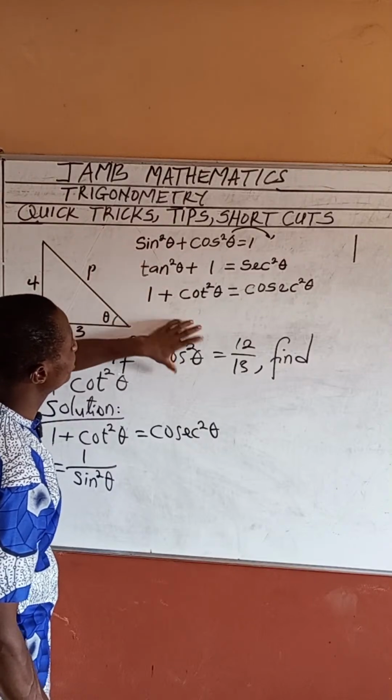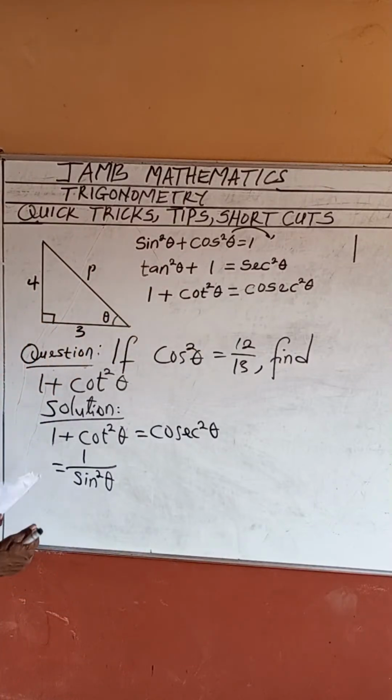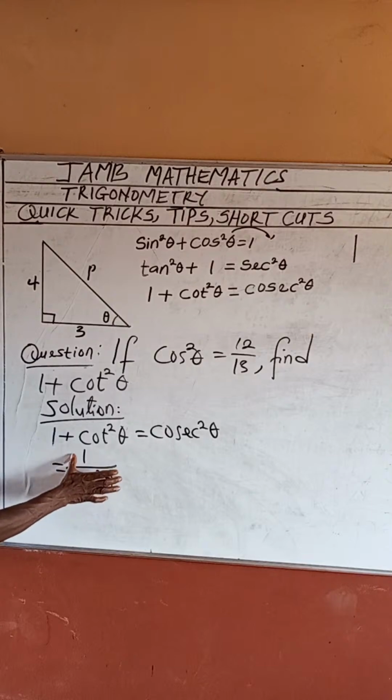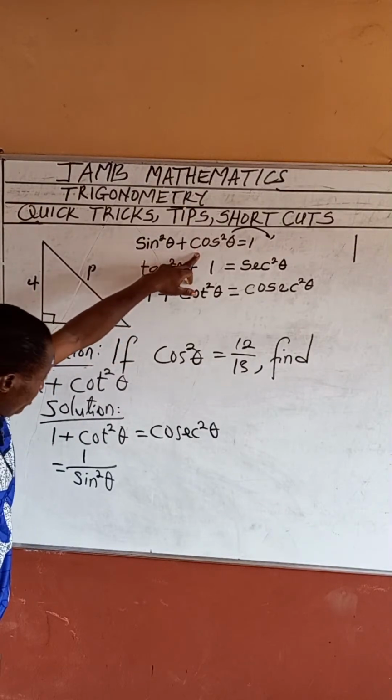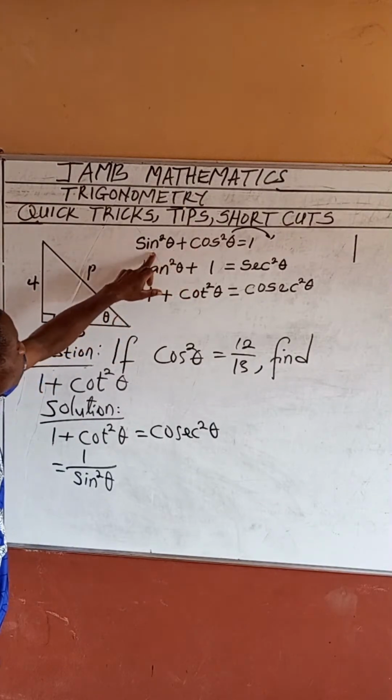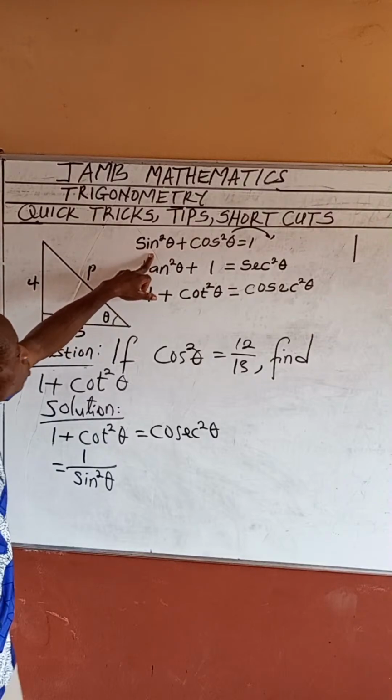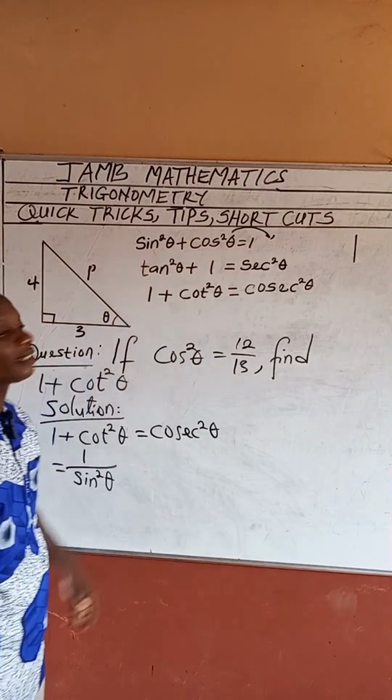What is sine square theta, if we know cos square theta from here? So we are going to look at sine square theta. Now that we have gotten our sine square, this is 1 over sine square theta. And we know that sine square theta is equal to 1 minus cos square theta.